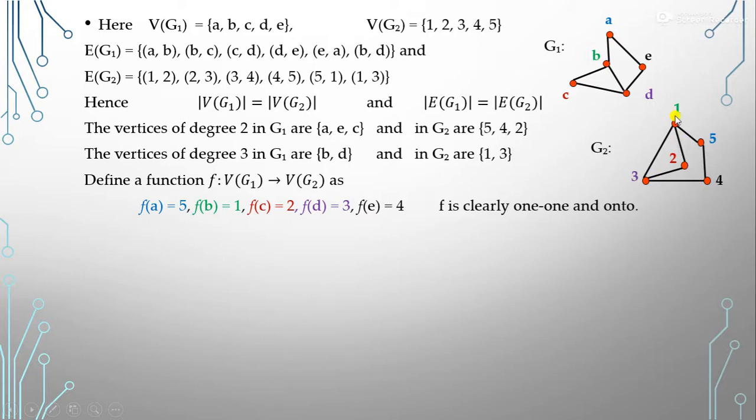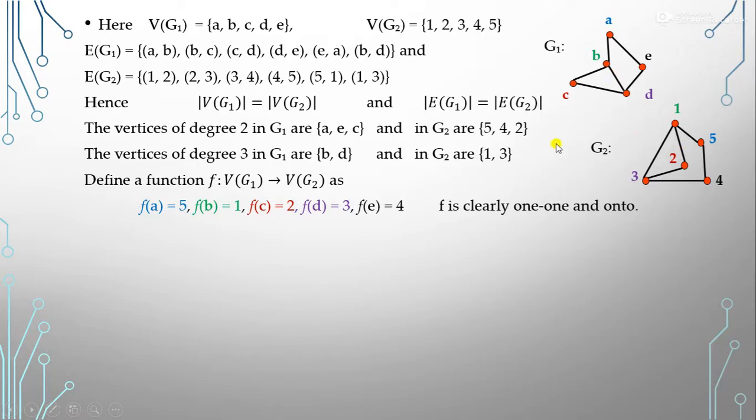But 3 is connected to 2 and 3, but here B is connected to two vertices which have degree 2. So one vertex has 3 degree and it is connected to two vertices which have degree 2, like this one and this one. So you can say that f(B) is 1, meaning the image of B is 1.